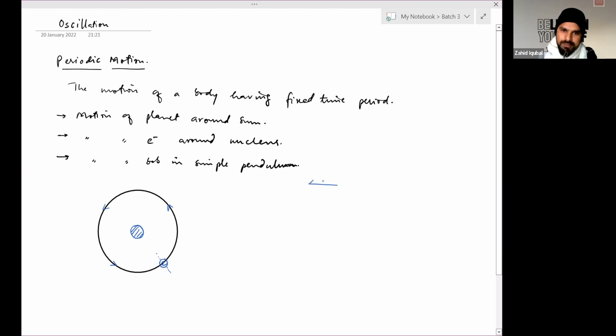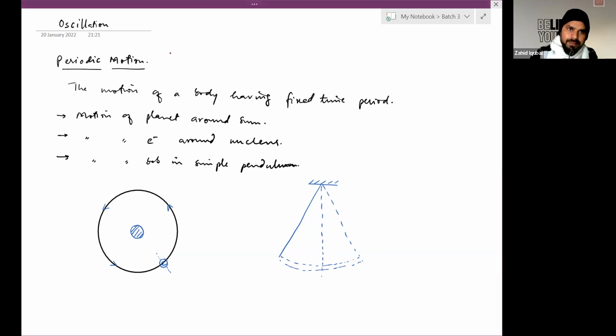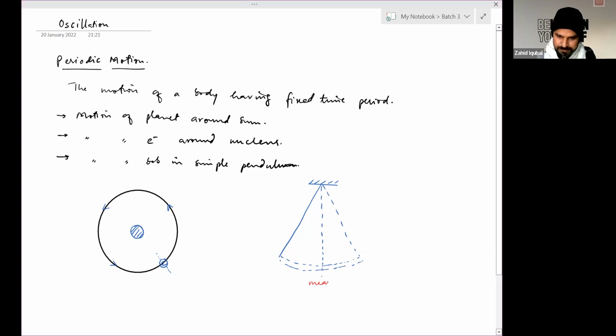In the second part, I'm taking a bob attached to a string and oscillating from one end to the other end along this path, like this. In this, the starting point is called the mean position. One end is one extreme and the other end is another extreme.